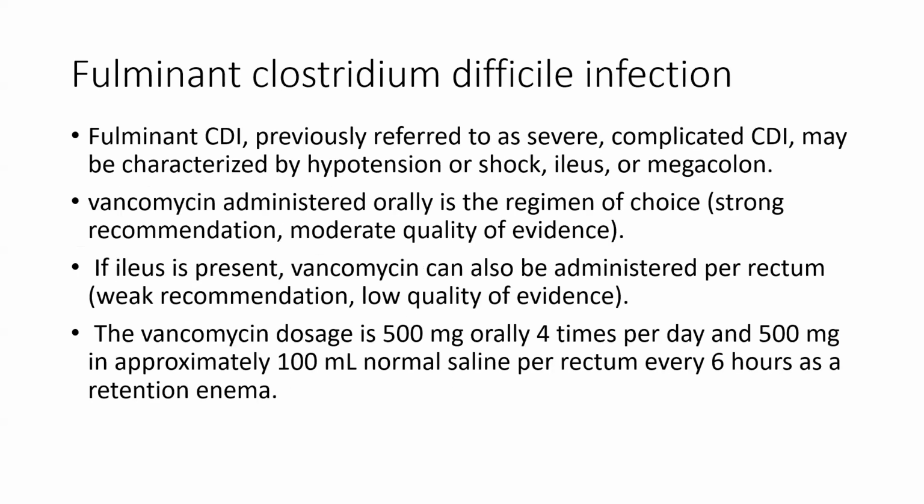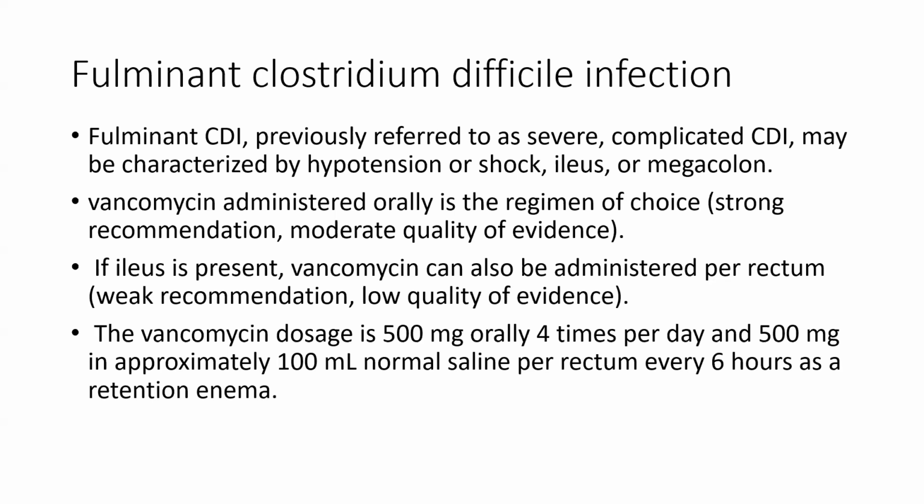Now, what is fulminant Clostridium difficile infection? Fulminant Clostridium difficile infection is the severe complicated Clostridium difficile infection, which is characterized by hypotension, shock, ileus, and megacolon. So, vancomycin should be administered orally as the regimen of choice. If ileus is present, then we can administer vancomycin per rectally.